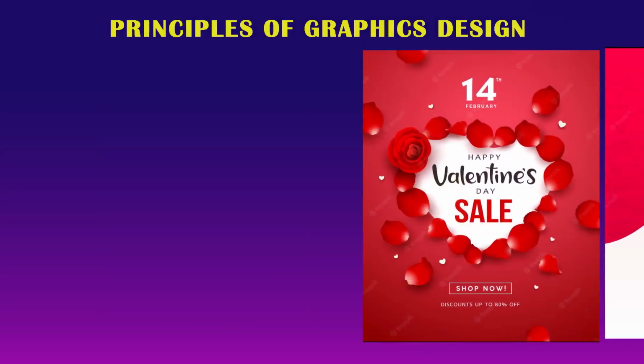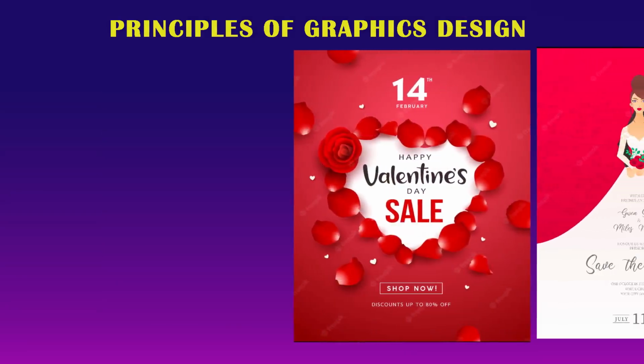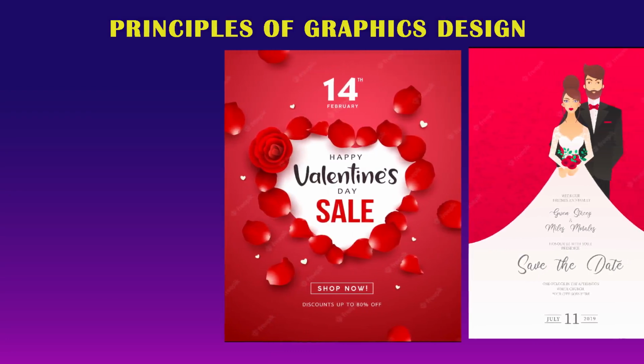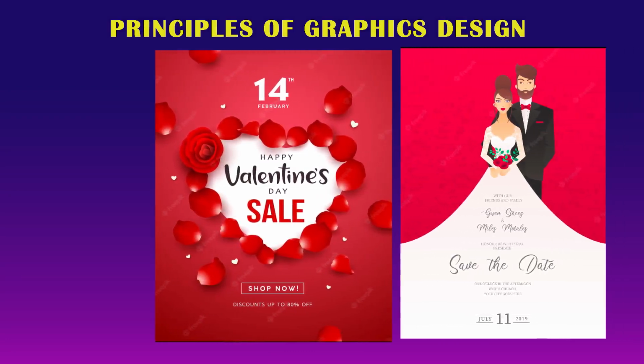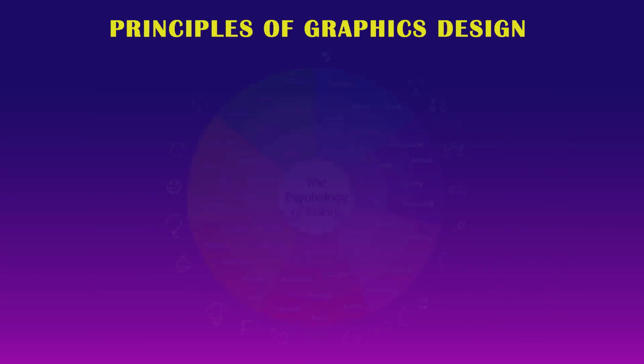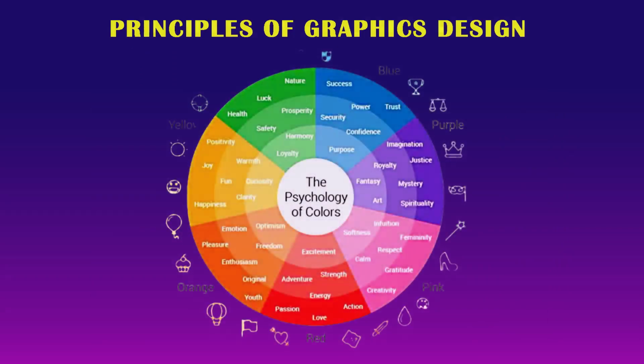You even get to see the color red dominating the design of matters that have to do with love. Before you go ahead with your design, you will do well to check out which color best fits the message of your design.